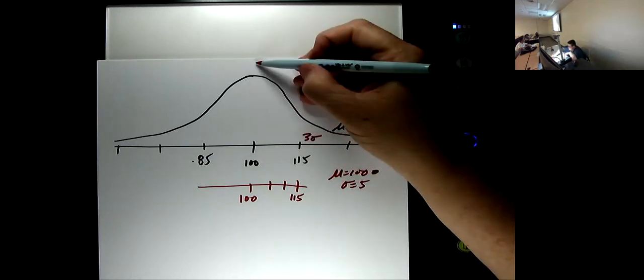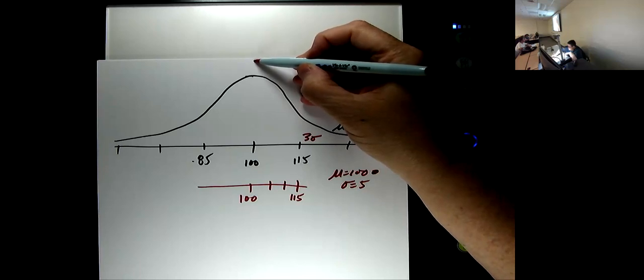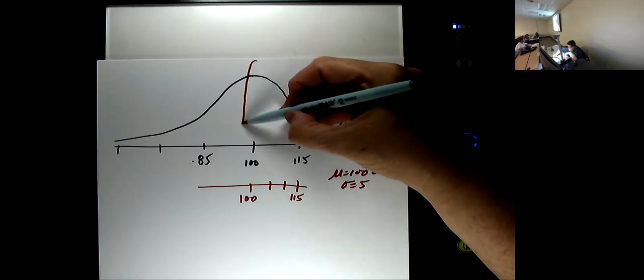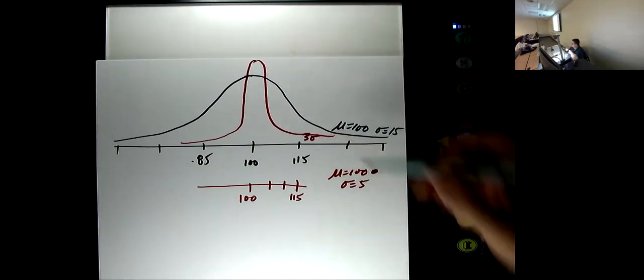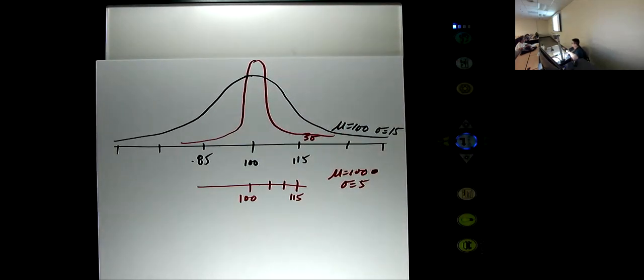So this graph, and I'm not going to do it justice, it's really tall there. It's going to go like that. It's really tall and narrow. I wish I'd given myself more room on paper to make it taller and less like that, a little bit more looking like a normal distribution.